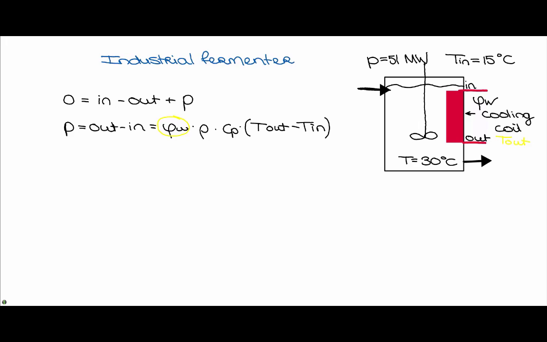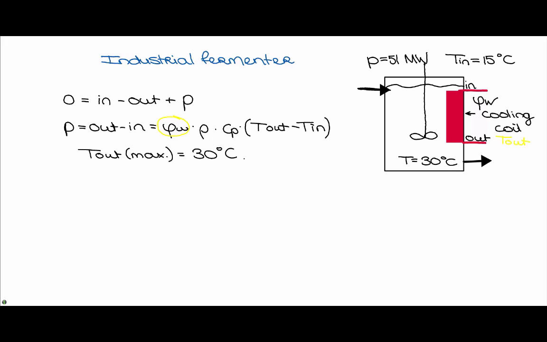So this is the maximum temperature, which will give the minimum flow rate. So T out max is 30 degrees Celsius.